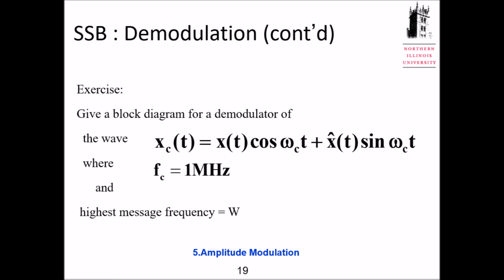The plus sign means the opposite, lower sideband. So for single sideband, we use a coherent detector. We need to figure out omega c and the bandwidth. Let me show you, then I'm going to stop.